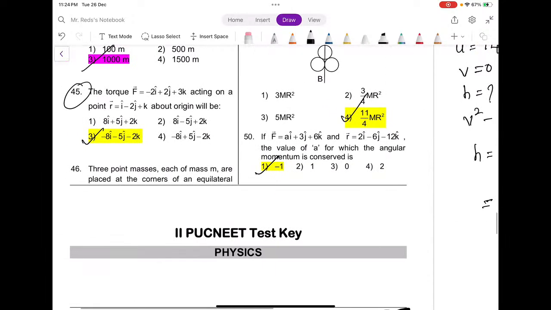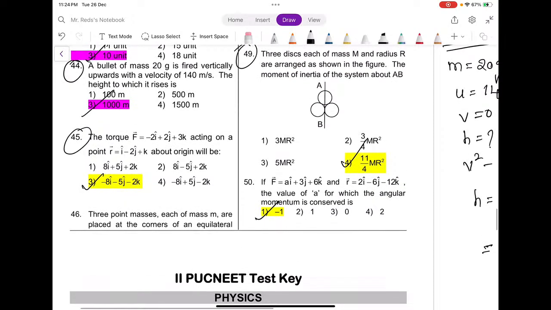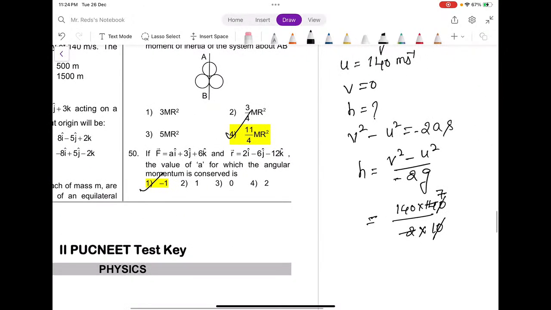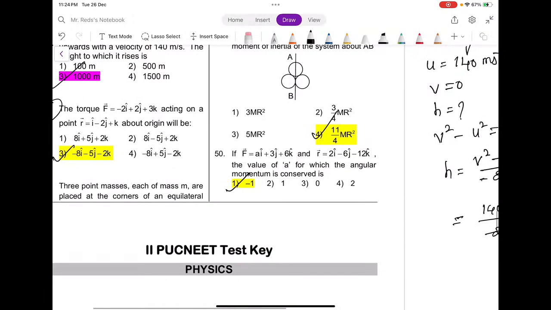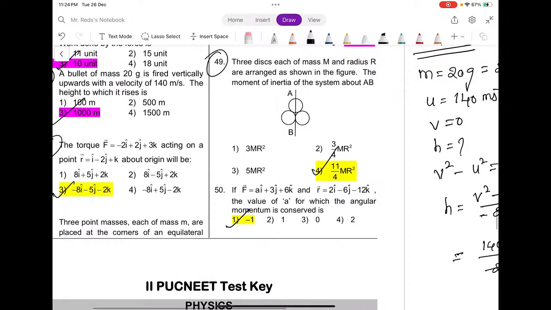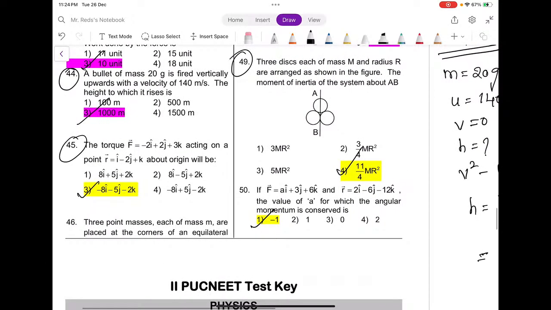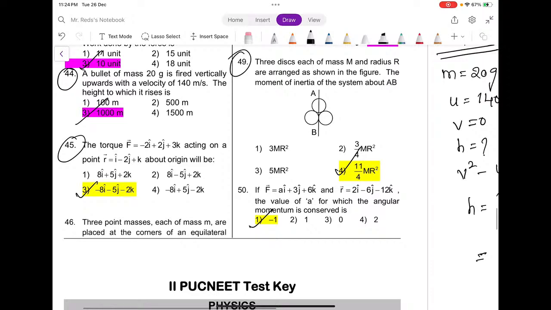So if you observe here, let us check this, guys. The option is given as 1000 meters.